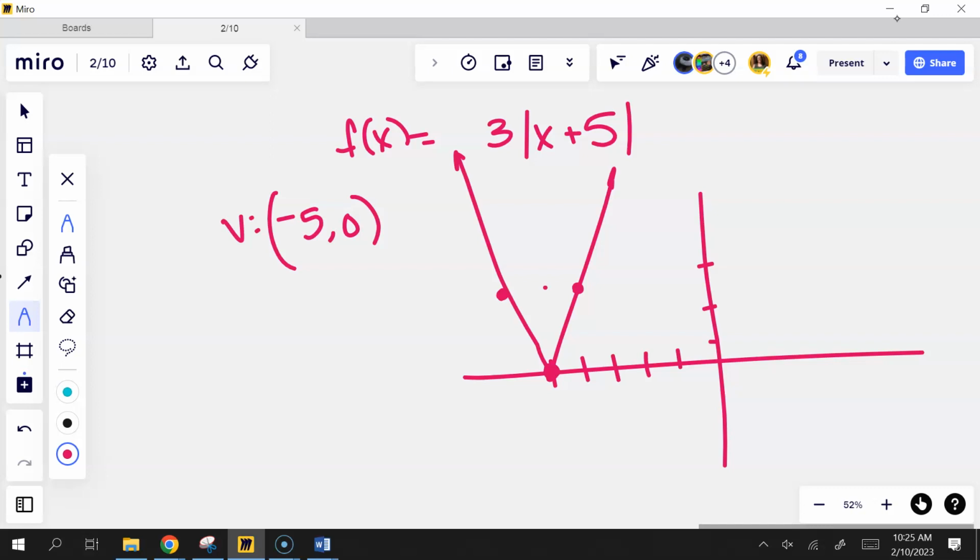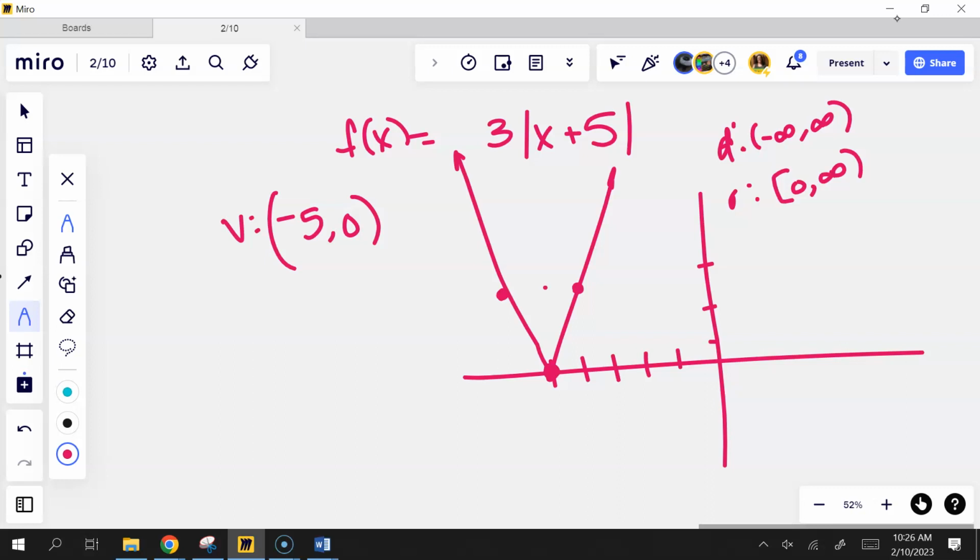What's the domain? What's the range? Better? Much better? Yes, okay. Let's flip it over and let's do it piecewise.